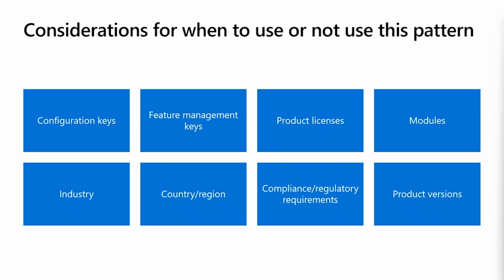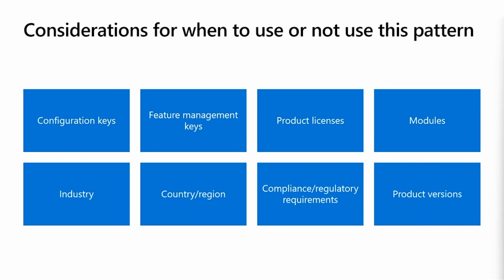It's also important to include specific modules or feature names, especially when there's multiple versions of a particular product. If a pattern's designed for a specific industry, a specific country or region, or if it helps meet specific compliance or regulatory requirements, those are all examples of statements or bullet points that you would include.